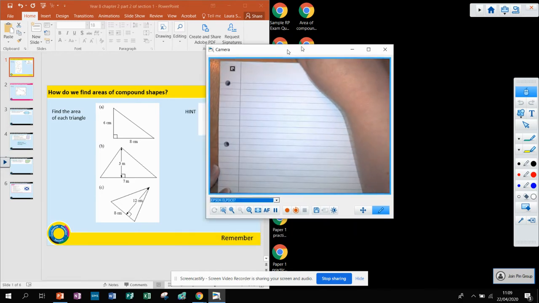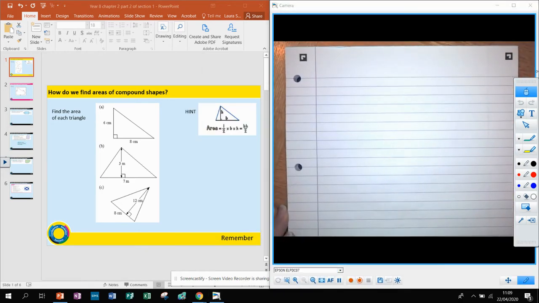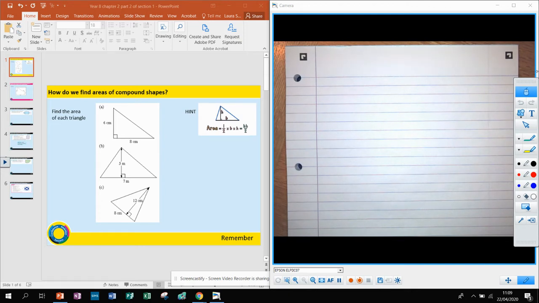There we go, lovely. Right, so the first triangle, let's grab a ruler so this is nice and tidy for you.